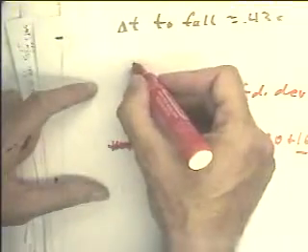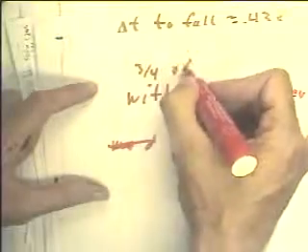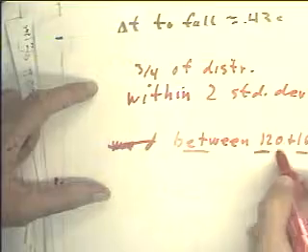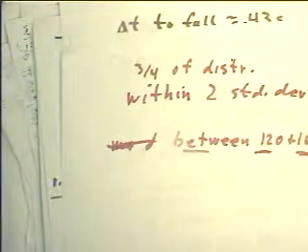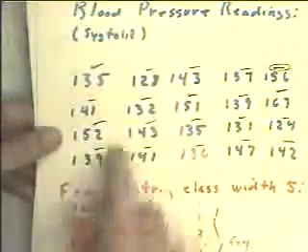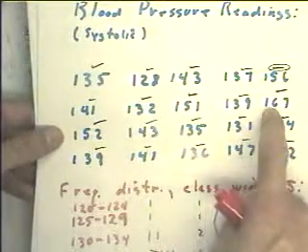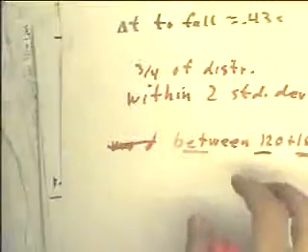And this says 3/4 of the distribution have to lie between 120 and 160. For this distribution, that's not going to be any problem because all the numbers lie between 120 and 160, except for this one outlier, 167.